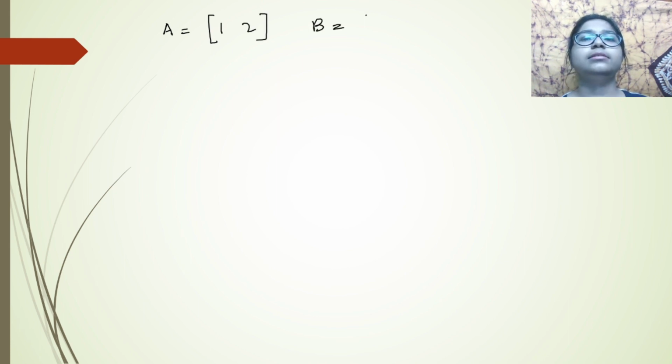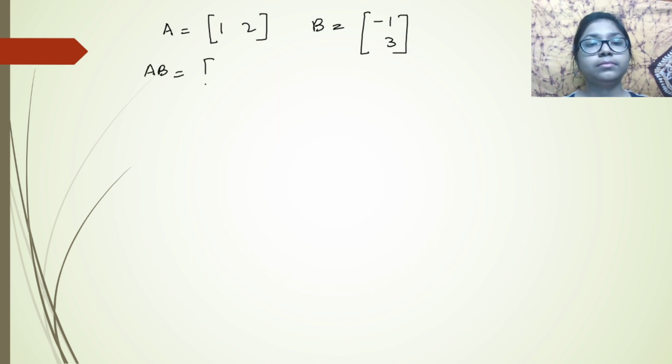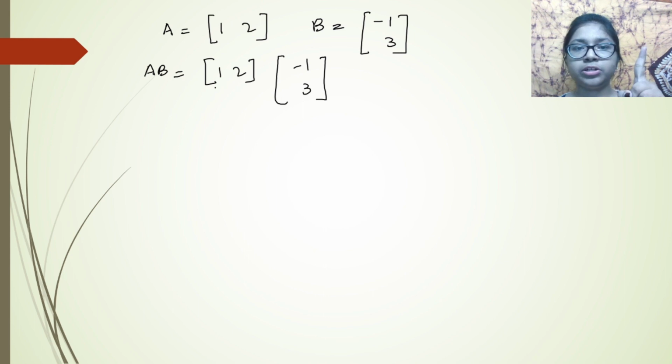Suppose you are given a matrix A, 1 2, and B is -1 3. You have to find AB. Step 1, check the order.